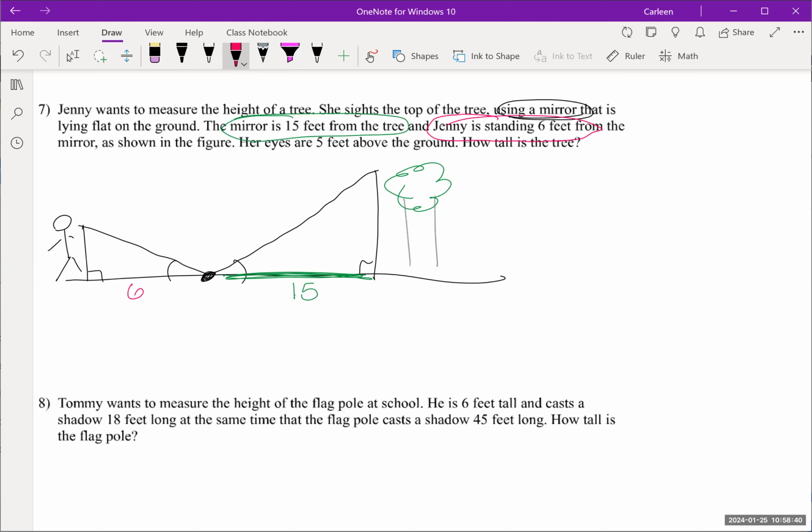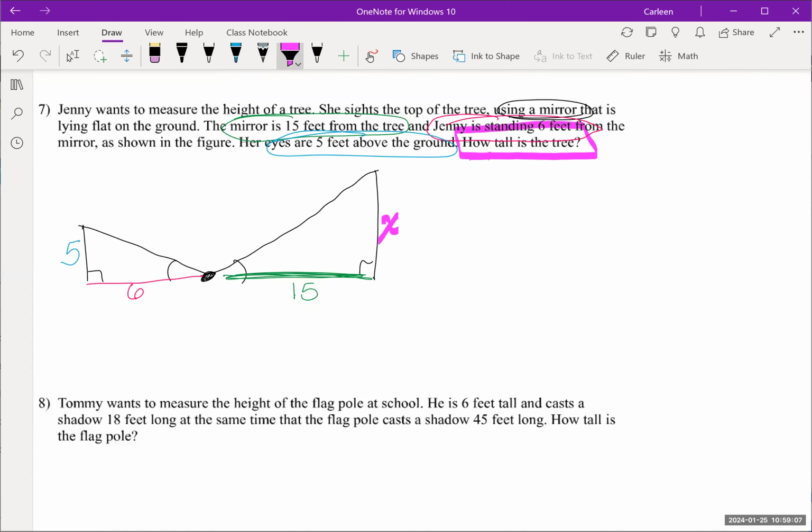Can we see that the 6 is going to go here? Her eyes are 5 feet above the ground. So Jenny's going to disappear. And how tall is the tree? That is my X. So we need to be able to look at the word problem and put the numbers into the pictures.